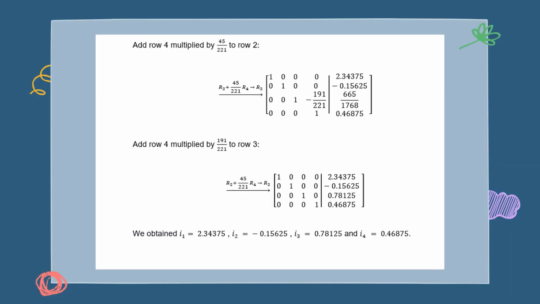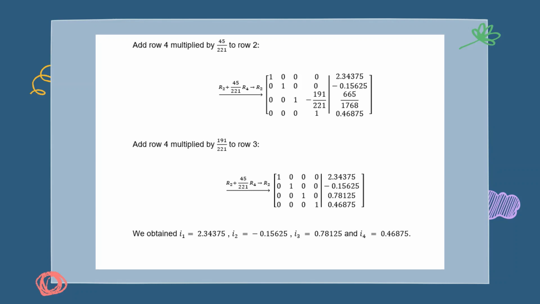The next step is adding row 4 multiplied by 45 over 221 to row 2. And we will get the new entries for row 2 are 0, 1, 0, 0 and negative 0.15625.